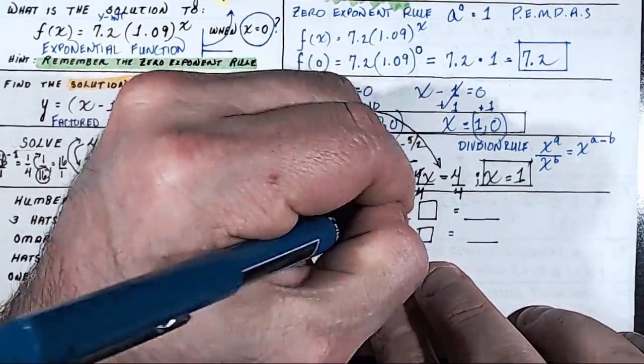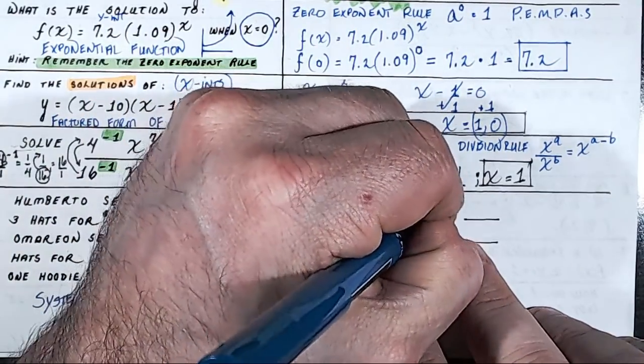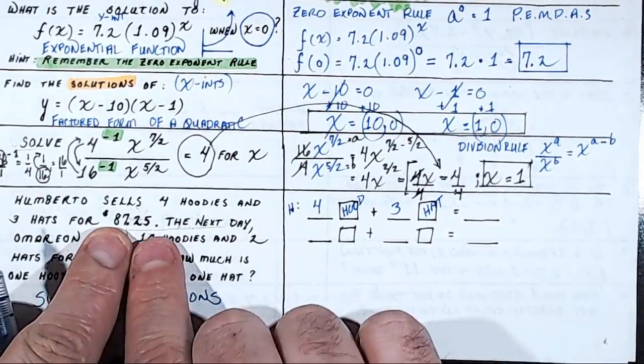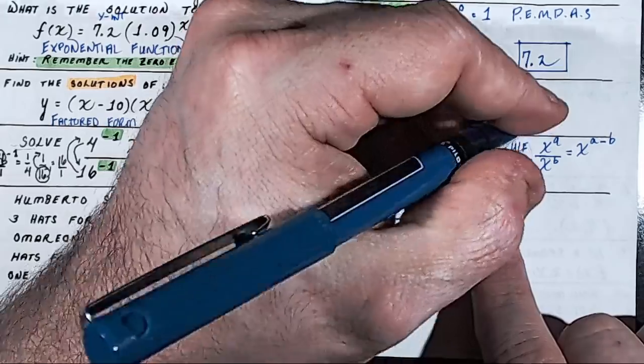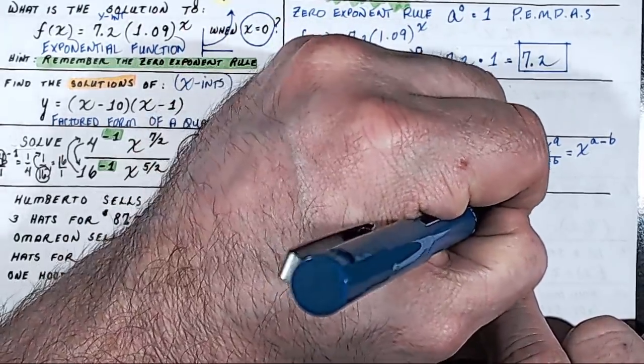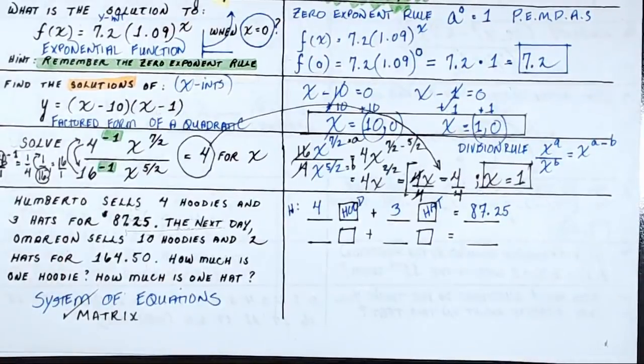So 3 hat equals, now how much did he make? $87.25. So 87.25.